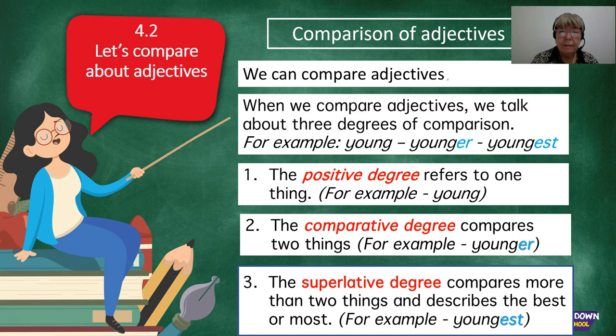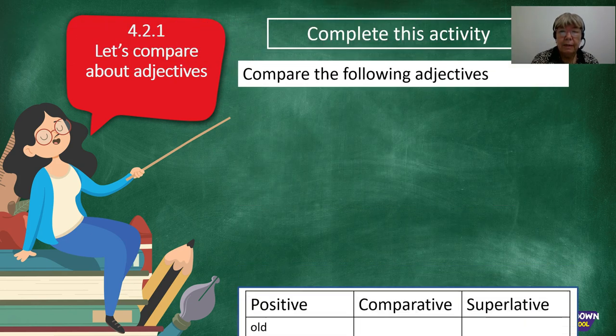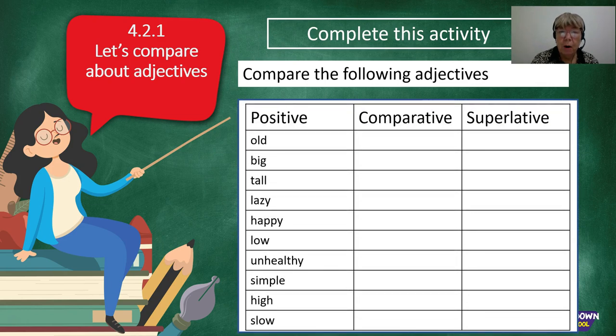Right, got it. Okay, let's complete this activity. It's worth 20 marks. So, let's read the positive, and then I want you to fill in the comparative and the superlative. So the positive says old, big, tall, lazy, happy, low, unhealthy, simple, high, slow.